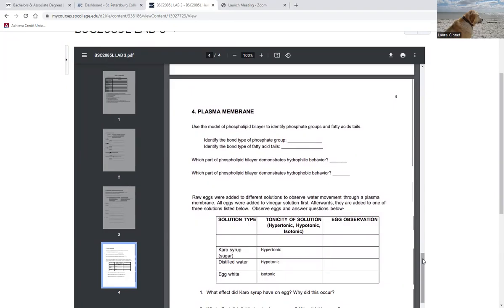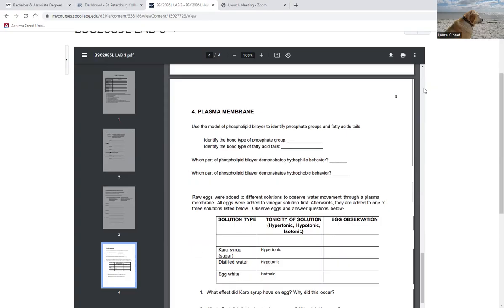And then we're going to talk about, I don't think there are any pictures on the course page, but I'll take a look-see. We're going to discuss the effect of different tonicities of solutions on cell sizes by looking at eggs, essentially, and what effect these different Karo syrup, distilled water, or egg whites have on these raw eggs.